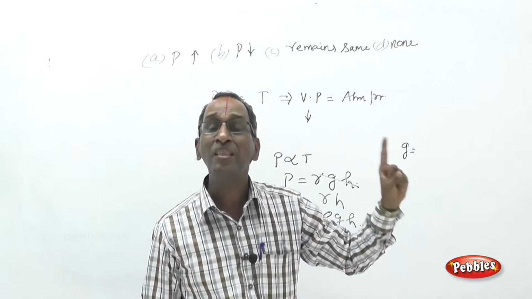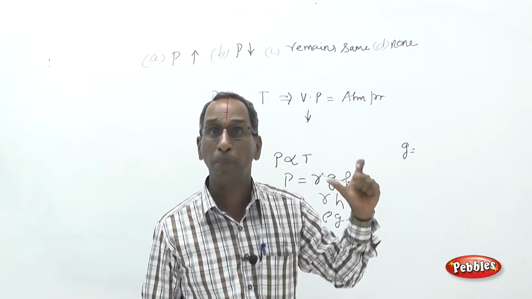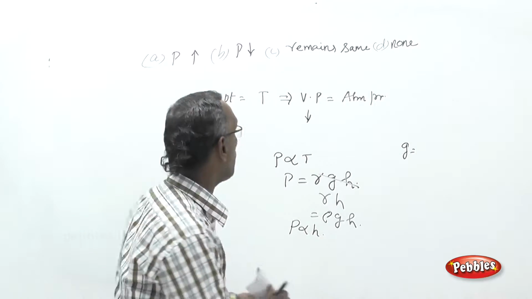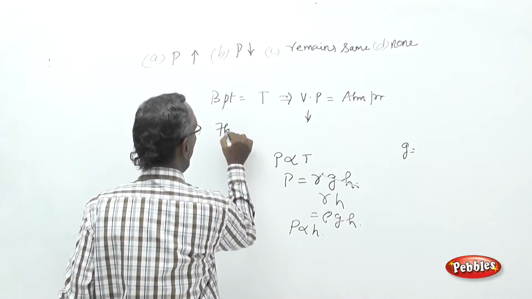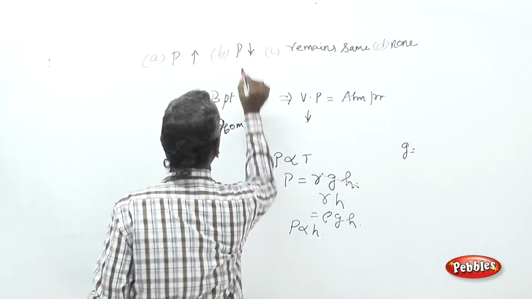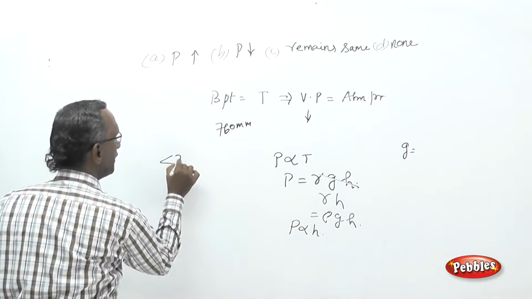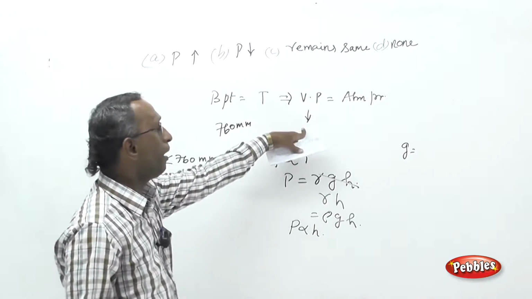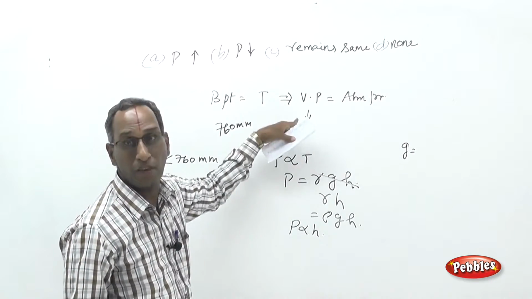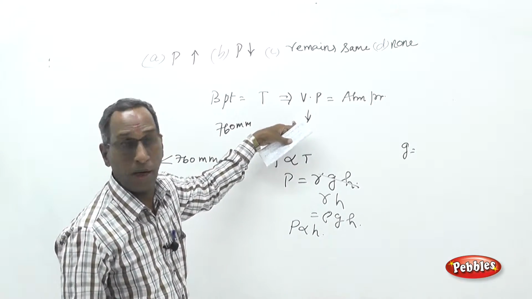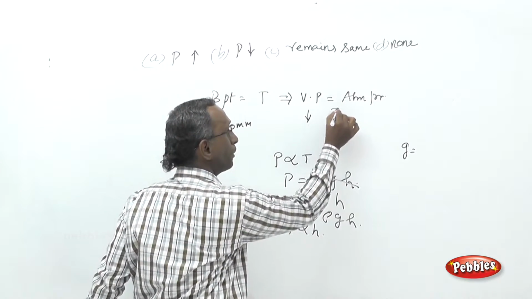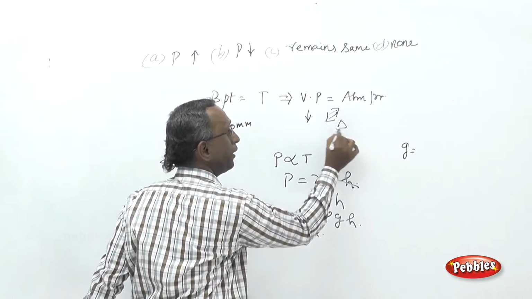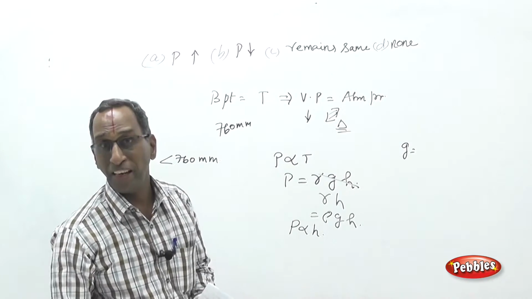Pressure decreases means the atmospheric pressure value decreases. The normal atmospheric pressure value is 760 millimeters. At high altitudes, it is less than 760. If it is less than 760, the vapor pressure of water is lowered. For it to equal the atmospheric pressure, it has to be heated further.